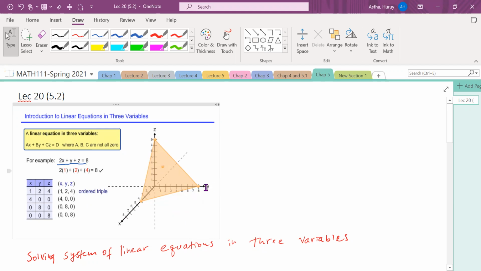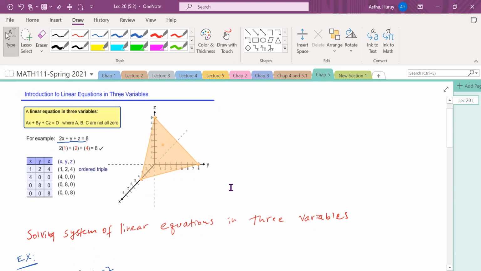This horizontal is y, and here we have the x axis. So this will be the space for such kind of equations. And if we plot the points, we will have this kind of shape. So this shaded area will be the solution to this linear equation in three variables.